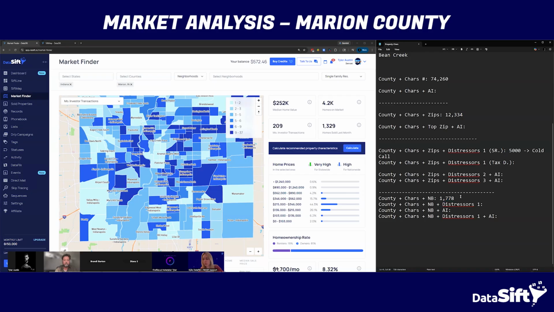And so you always want to try to narrow your direct mail down to the neighborhood level as much as possible. Okay. From a cold calling level, again, because you're spending less money, and it's not that it's not more time intensive, but you are spending less money, you could err on the side of ignorance a little bit more.